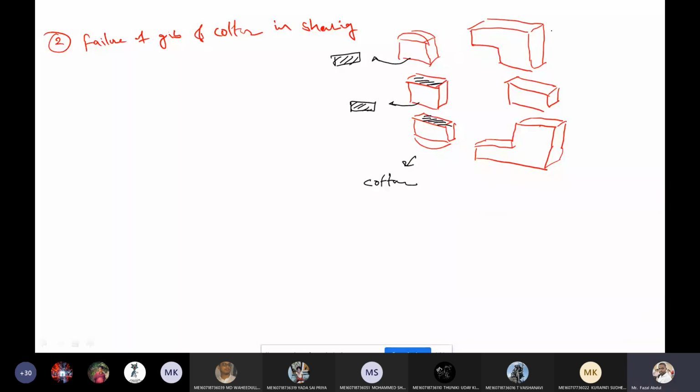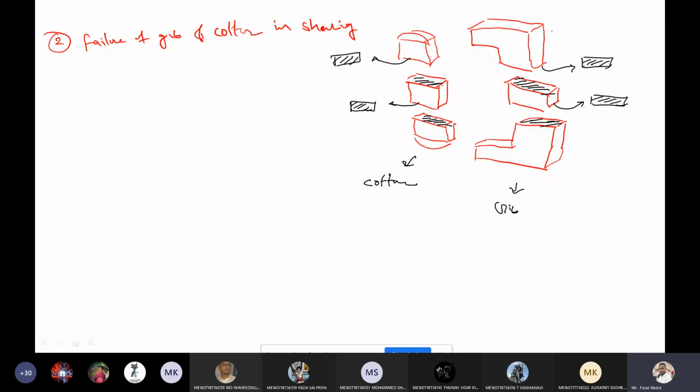Now this is for the gib. Now this is a failure area and another failure area at the bottom in a square shape. For this bottom, this is another failure area. Now this is a failure area.